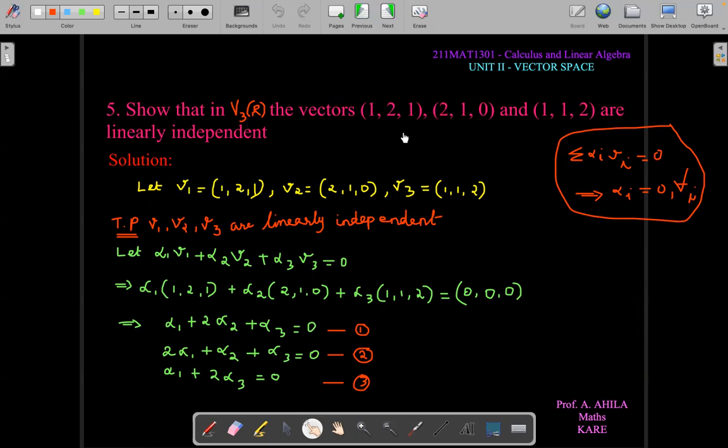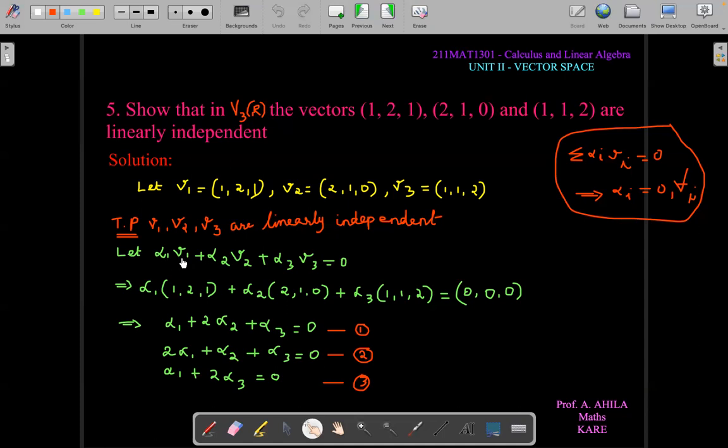Here we consider the three points as v1, v2, v3. So v1 is (1, 2, 1), v2 is (2, 1, 0) and v3 is (1, 1, 2). Now we need to prove these vectors v1, v2, v3 are linearly independent. So let us assume that the linear combination of v1, v2, v3 is 0.